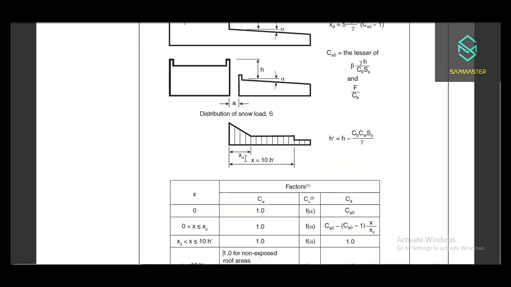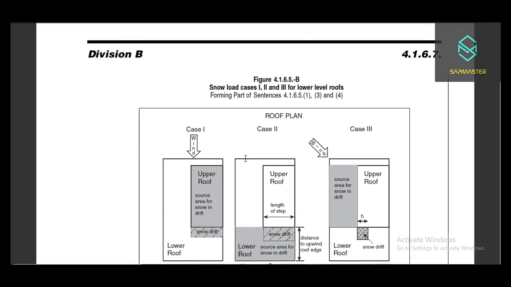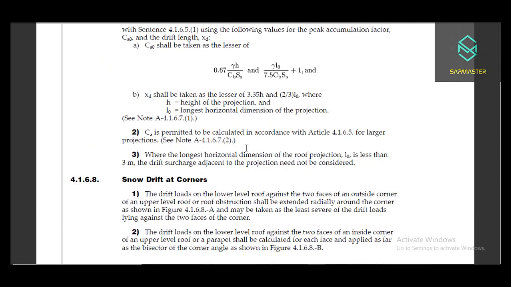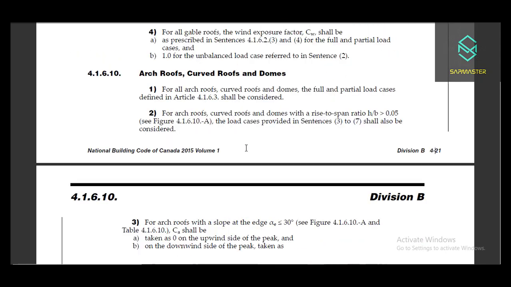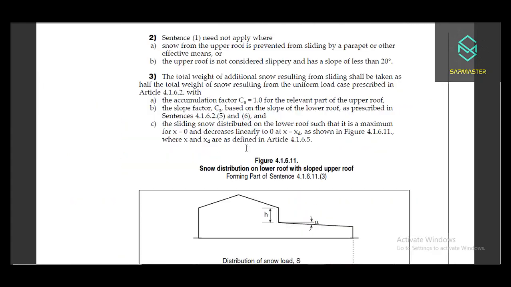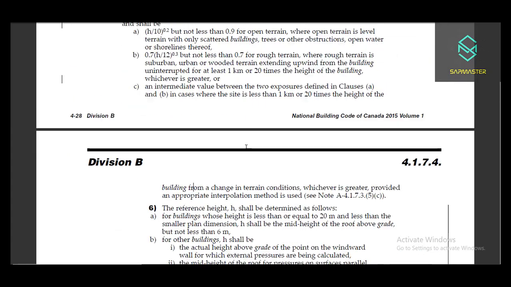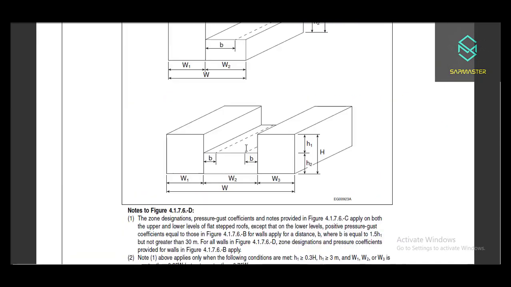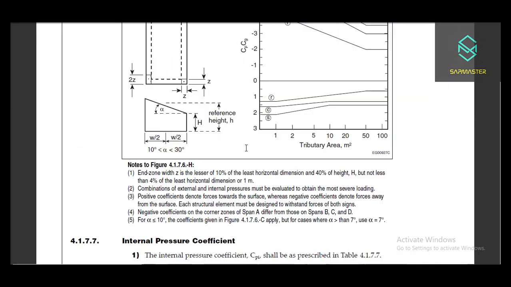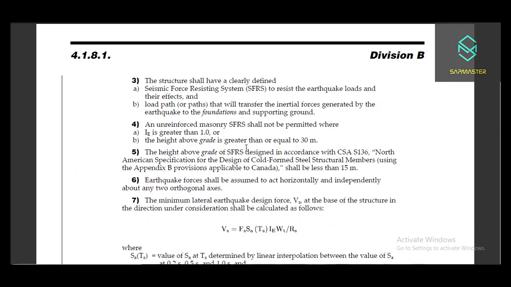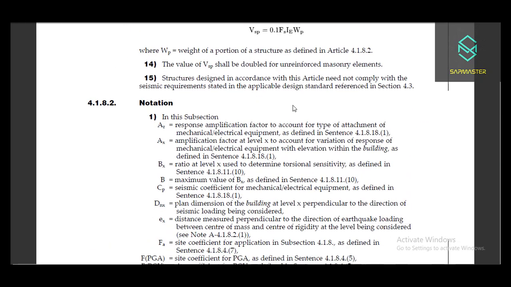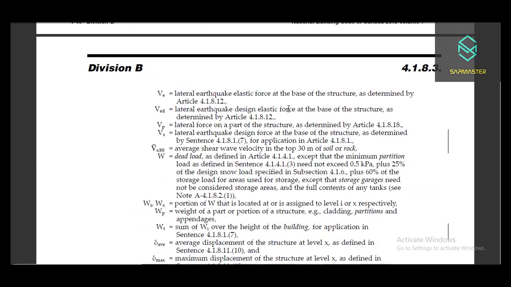If we go to part 4, in the part that is for calculating the base shear, let me find it. Okay, this is the part where we are calculating the base shear and earthquake forces.